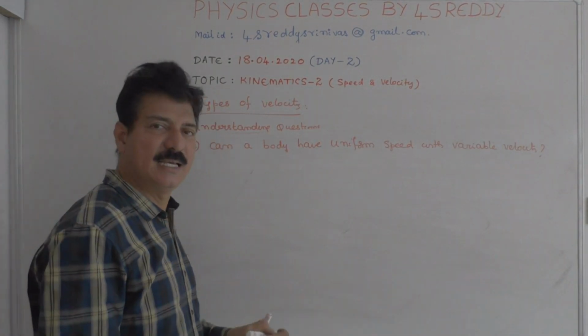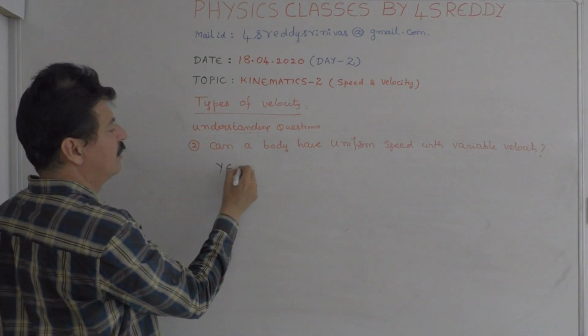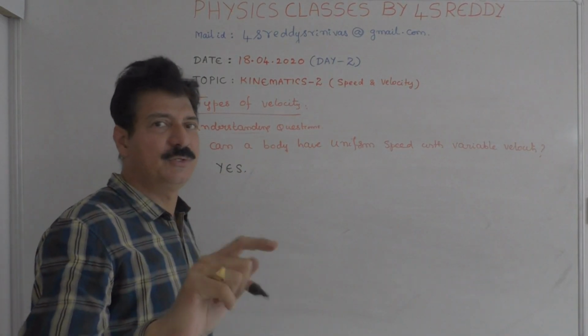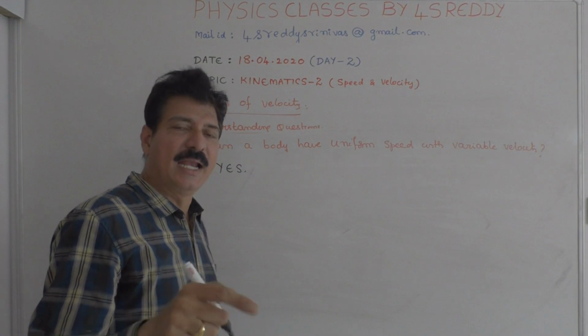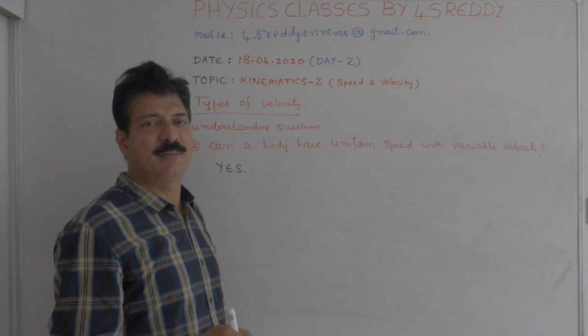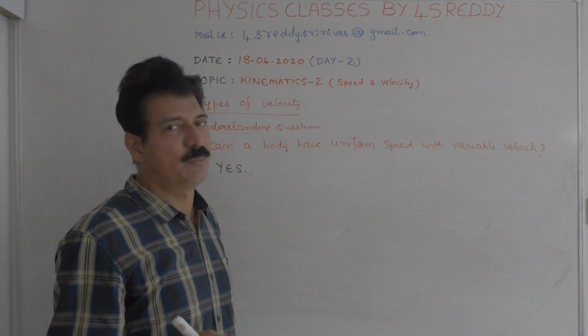Yes, the answer is yes. Where? Whenever the body is in uniform circular motion, at every point the magnitude of velocity is the same, but the direction of velocity changes from point to point.